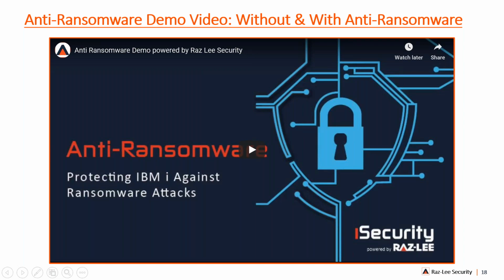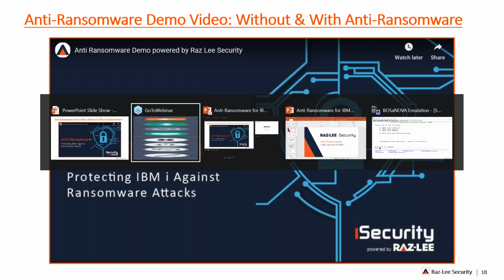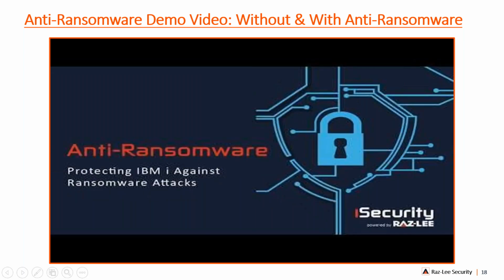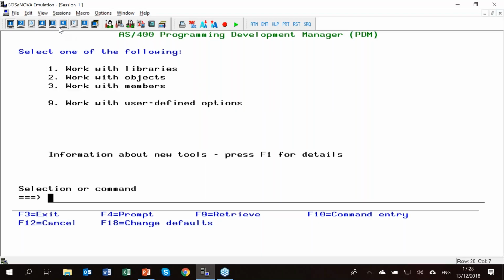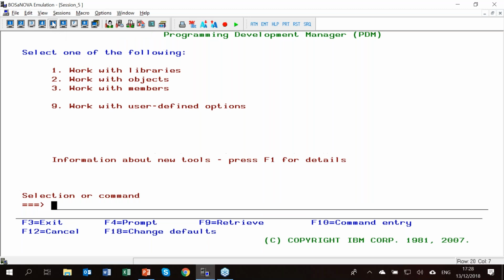Later on, I'll let you ask any question which you might have and try to answer as much as I can. So first, let's go to the product itself and see how it works.